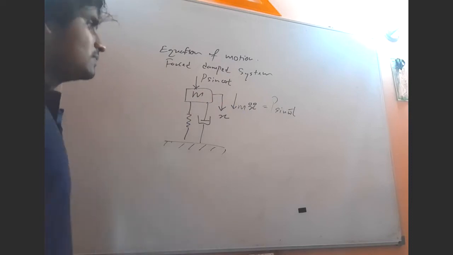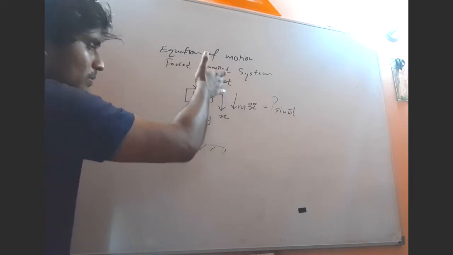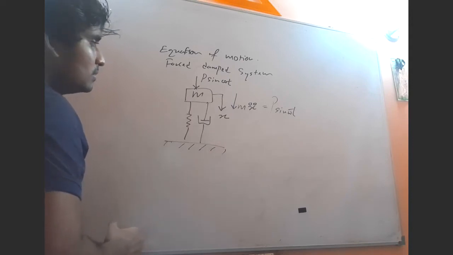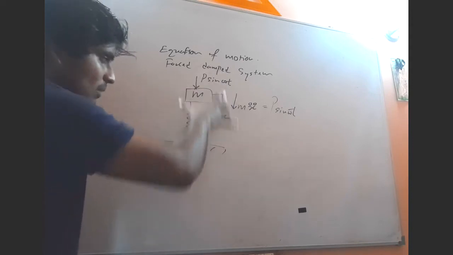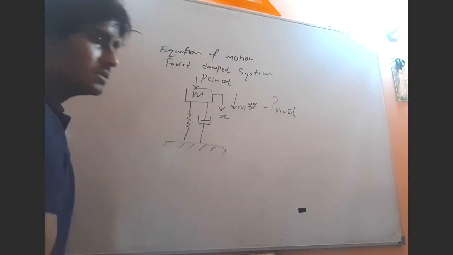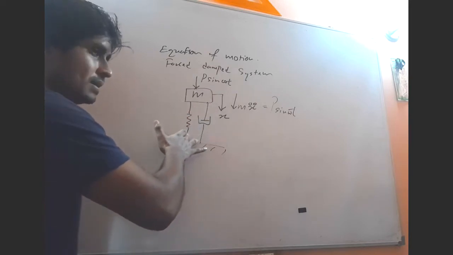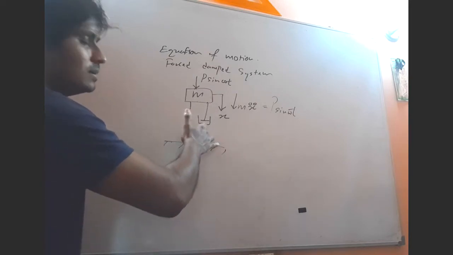Now what are the other forces? Carefully see. This mass is moving downwards, so the mass is exerting a downward force on the spring as well as on the damper.